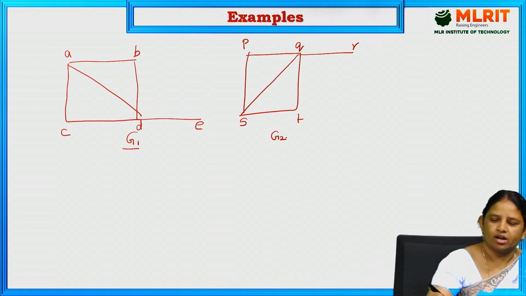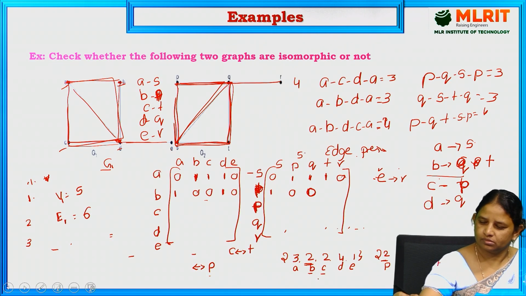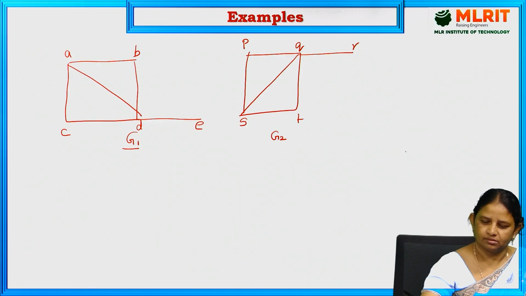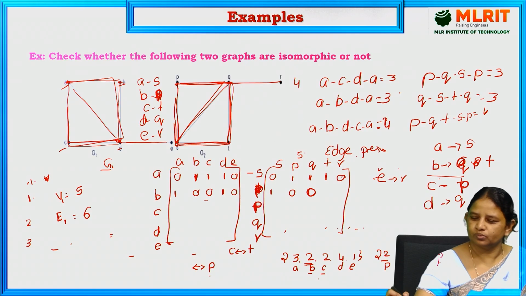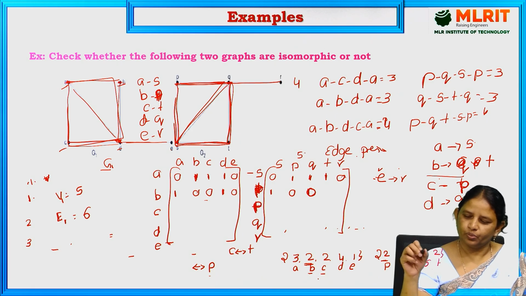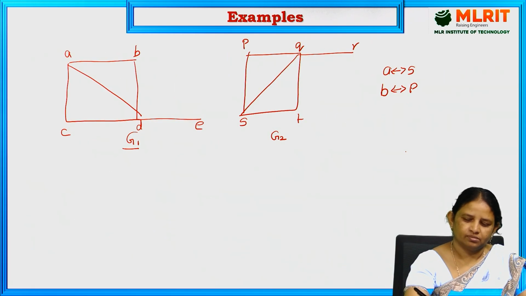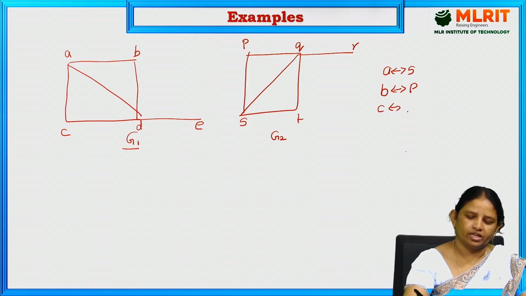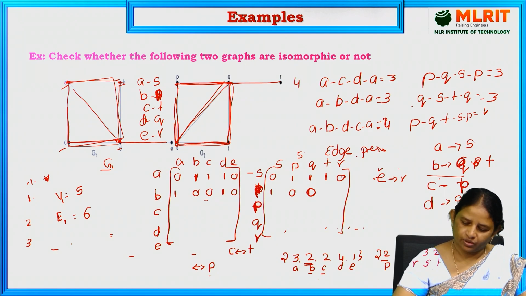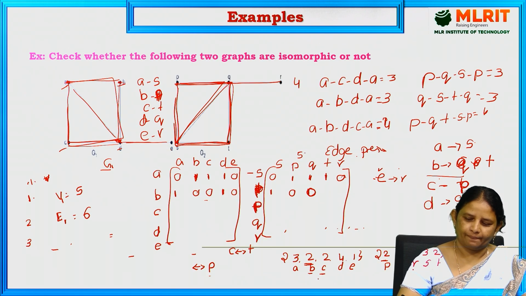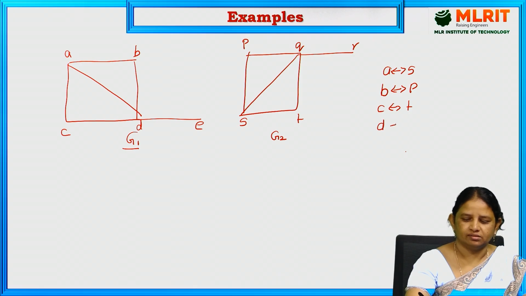What are the equal values? A is equal to S. And B is equal to, previously B is equal to P, then C is equal to T, because C's length is 2, then R is E. D is equal to what?